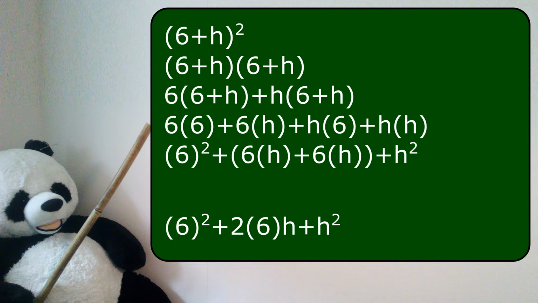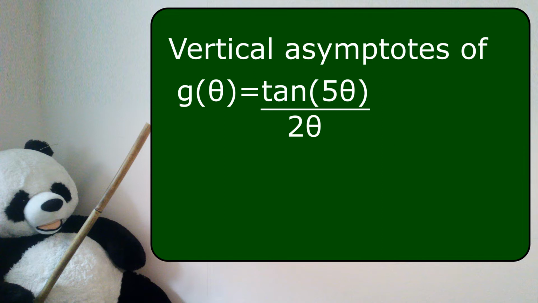And then we can simplify this a bit as 6 squared, and we'll just flip our h plus 6 around so that we have 2 6-times-h terms and an h squared term at the end, and wind up with 6 squared plus 2 times 6 times h plus h squared. That didn't take too long, so let's move on to the next one.